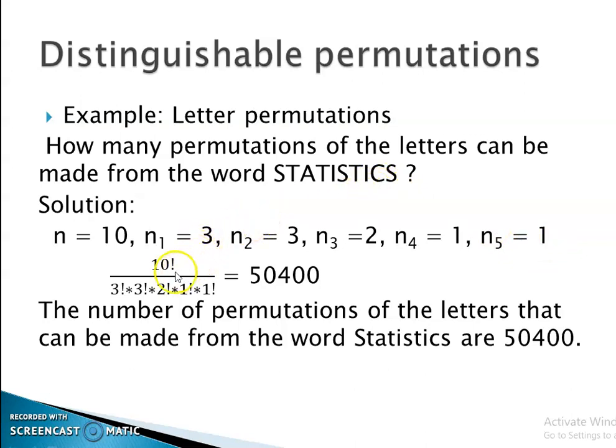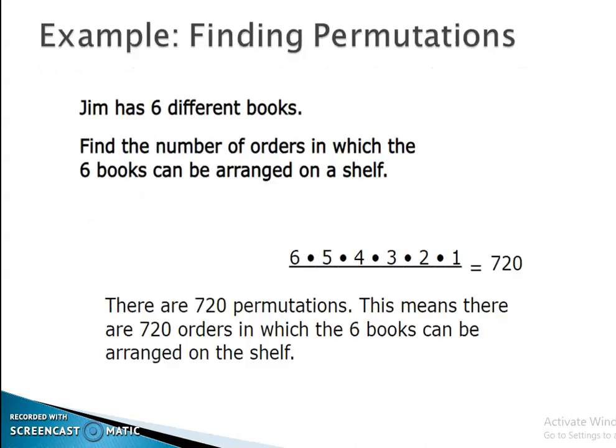So using the formula, we divide 10 factorial by 3 factorial times 3 factorial times 2 factorial times 1 factorial times 1 factorial. Simplifying this expression, we get 50400. The number of permutations of the letters that can be made from the word statistics is 50400.